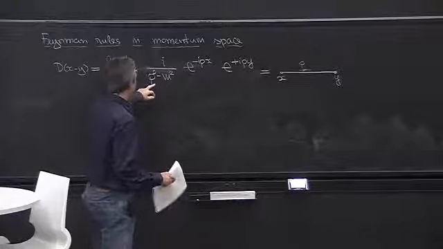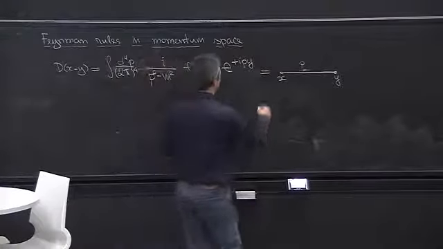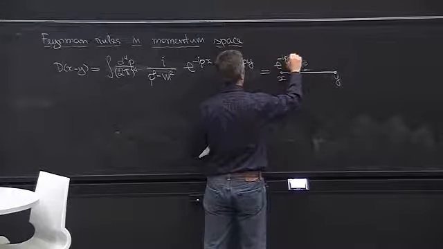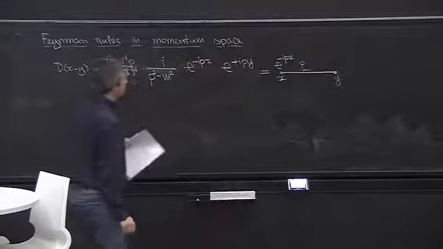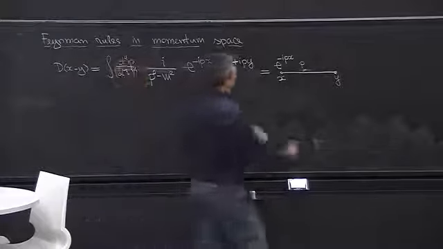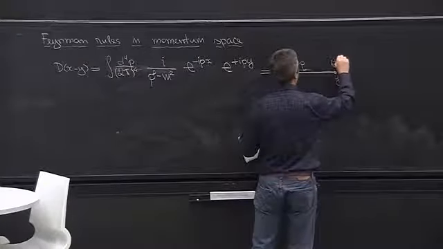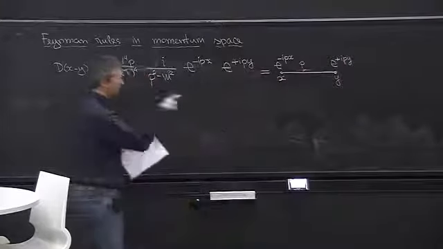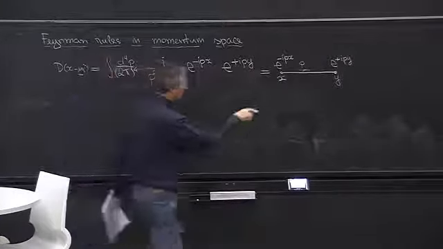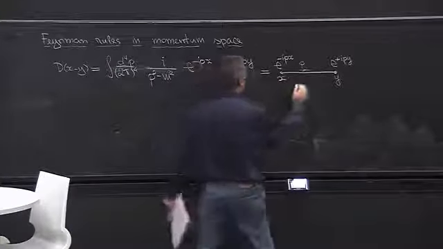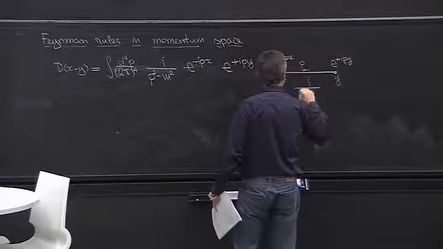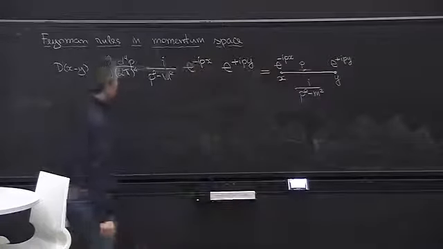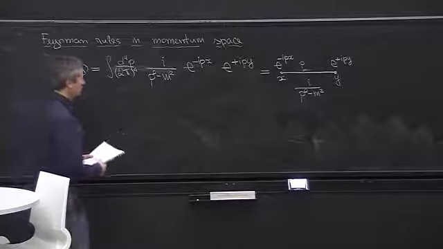From this formula, I see that I should assign the wave function e to the minus ipx to the incoming point, and the conjugate wave function to the endpoint of the propagator, and then an overall factor of i divided by p squared minus m squared to the line itself.